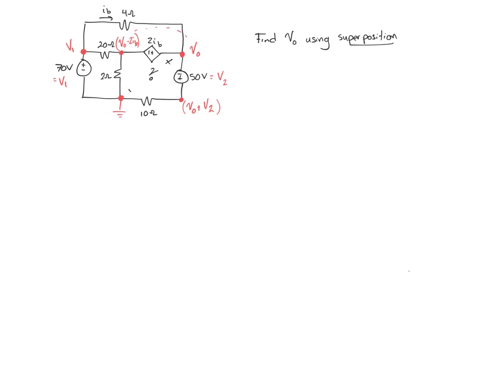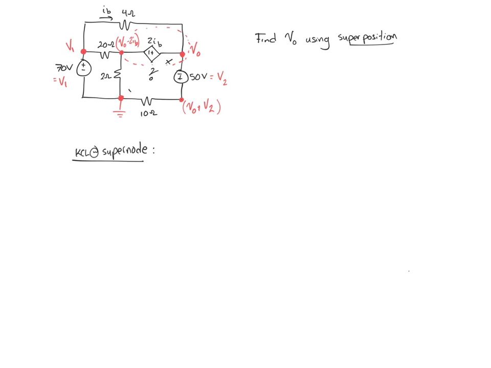Noting that that comprises a supernode. So I have 2 sections of the circuit that I need to solve, but both amount to a supernode. Therefore, I can do a single KCL expression at the supernode highlighted here in red.